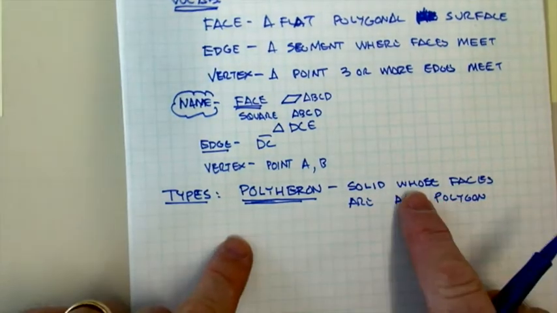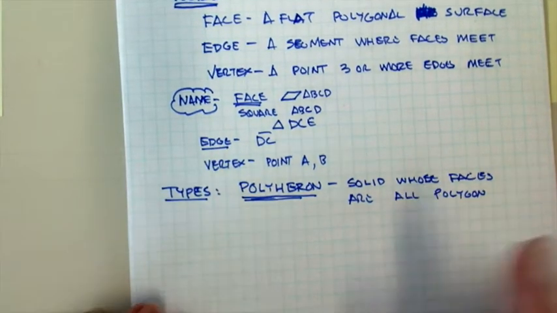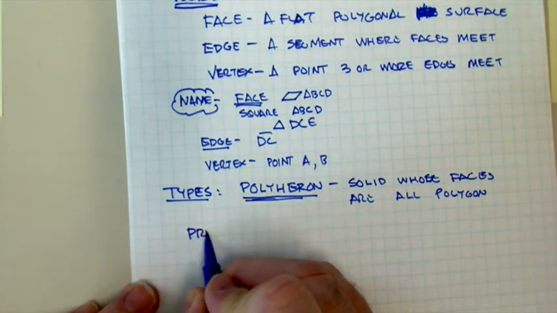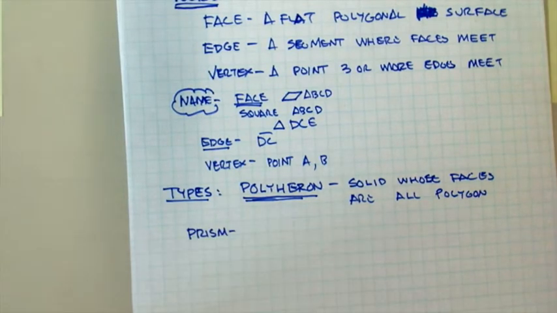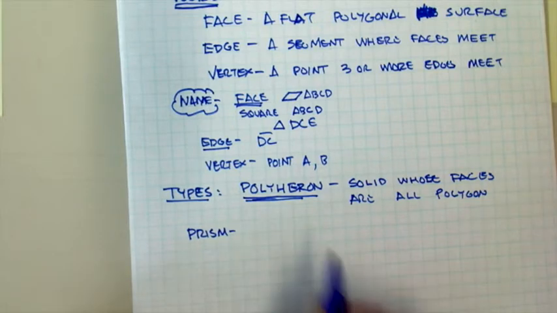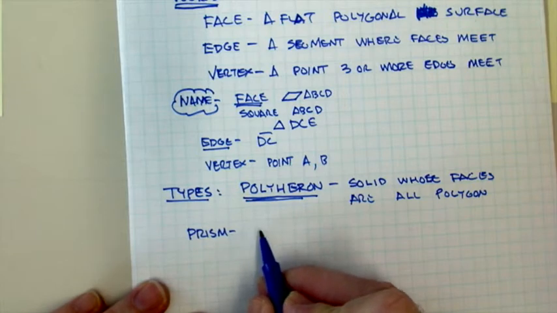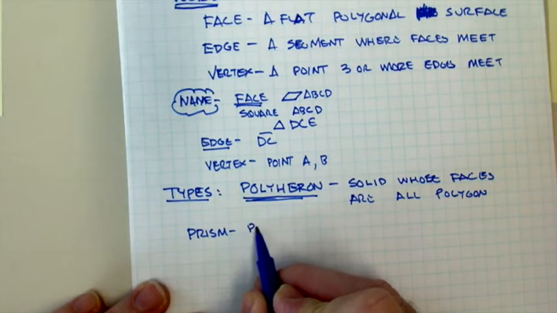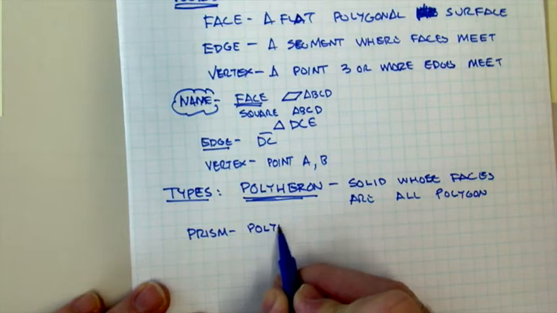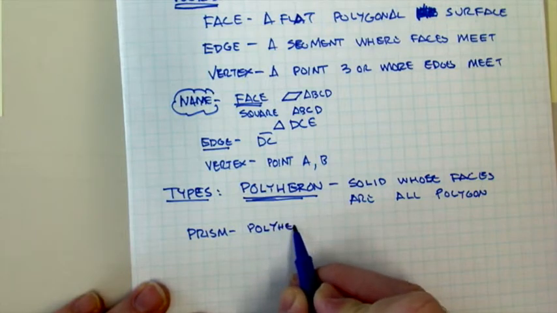Now, within this group, we have a shape called a prism. And a prism is one of these polyhedrons, so I'll just say it's a polyhedron, so it matches those things that we had up above.